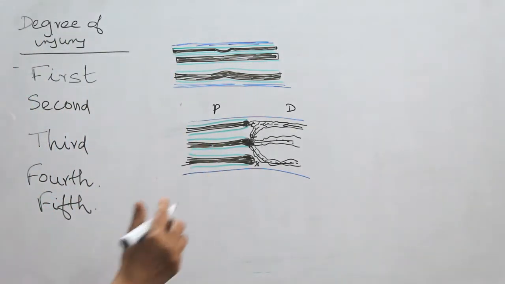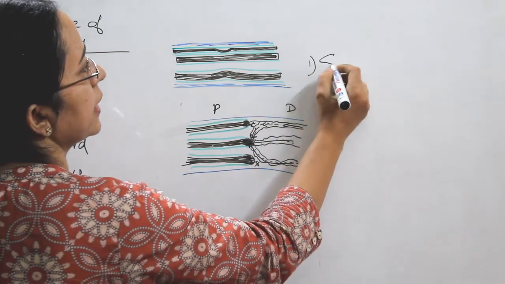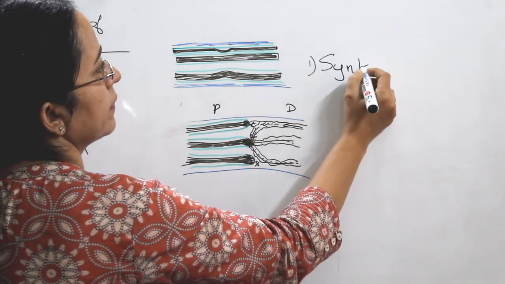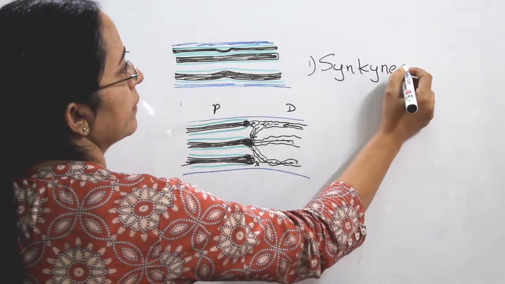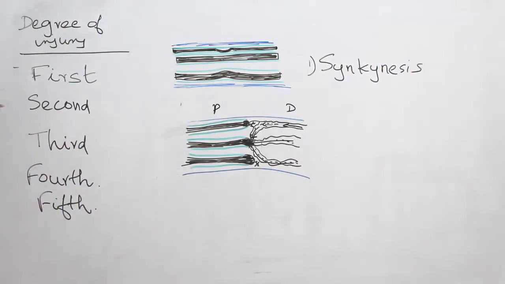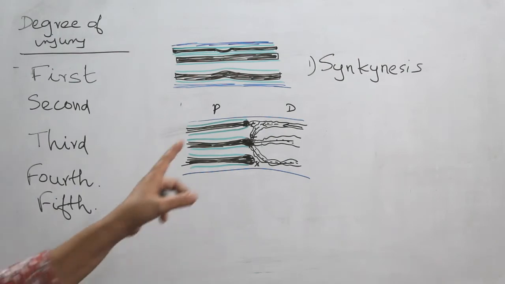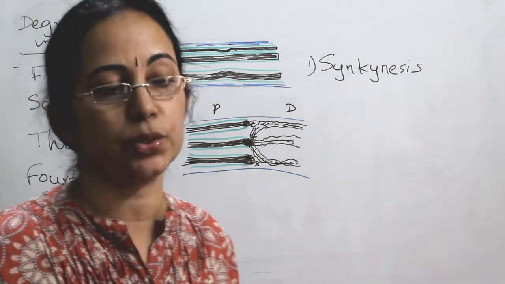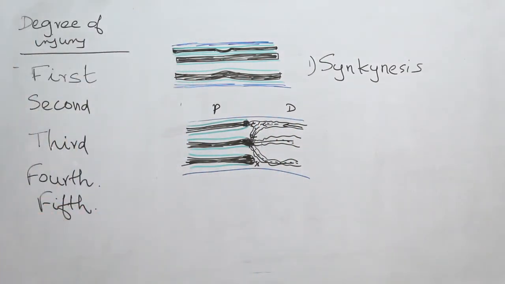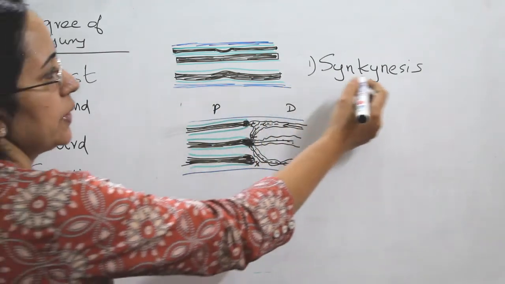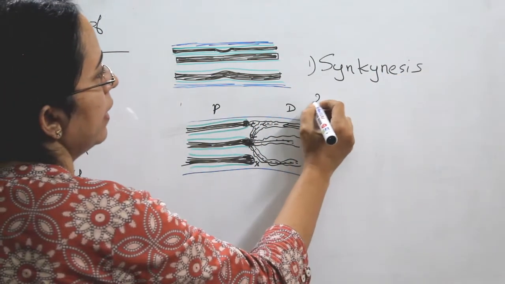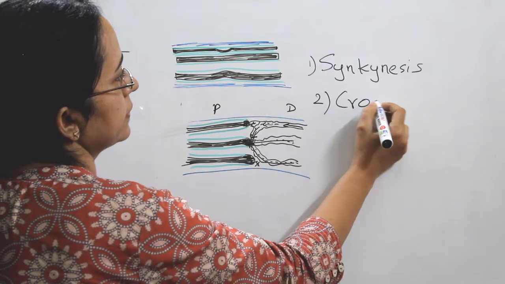There are 4 types of altered function. One is synkinesis, that is abnormal synchronization of the movement. Another one is crocodile tears.